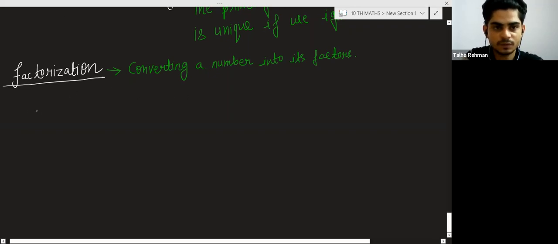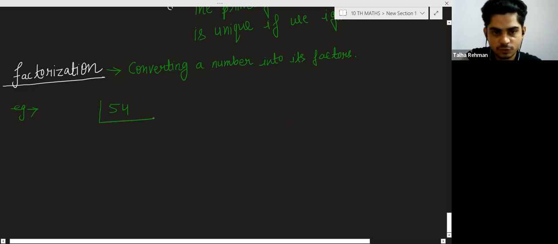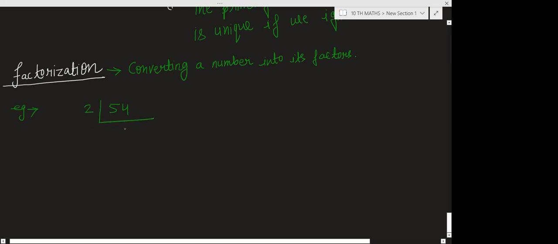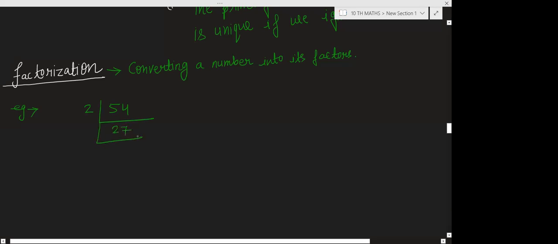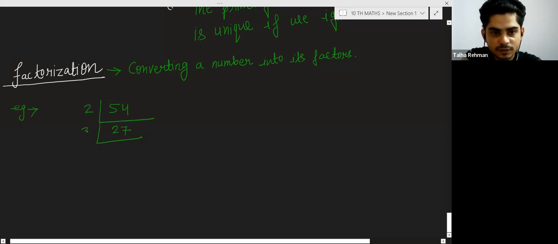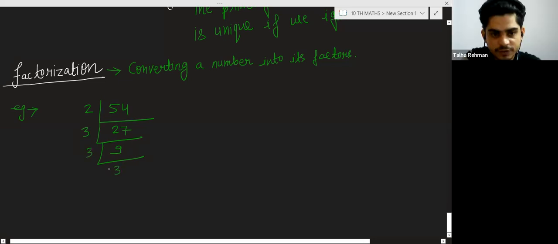For example, how we do the factorization: this is a number 54 and I want to convert this number into its prime factors. So I will divide this number by 2. I got 27 and after that 3 9s, very good, 3 3s are 9 and after that 3 1s are 3.